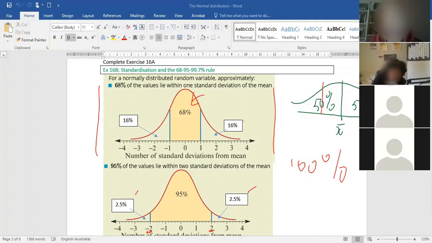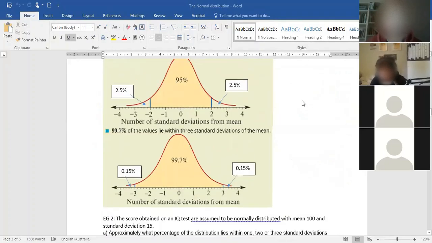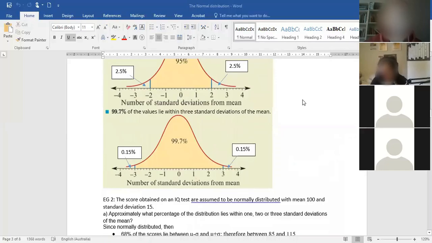I'm going through this quickly because we've already covered it. Then 3 standard deviations from the mean. Again, you can see the line is on the 3 on both sides. Which means 99.7, so you've got 0.3 divided by 2, and we get 0.15% on either side.